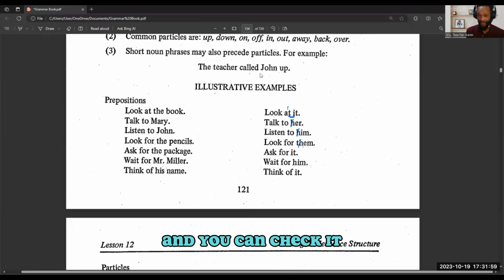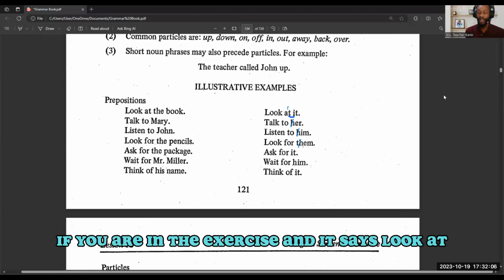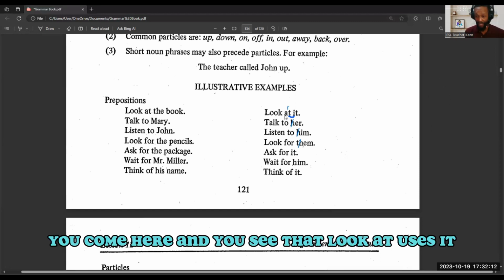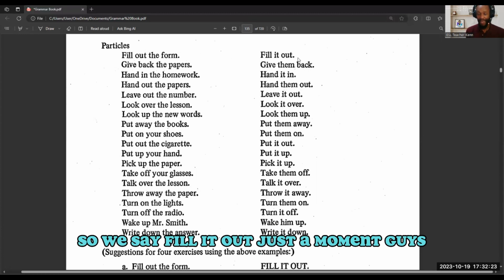You can check it right here on the illustrative examples. If you are in the exercise and it says look at, you come here and you see that look at uses it. But if it's using, for example, fill out, it is here. So we say fill it out.